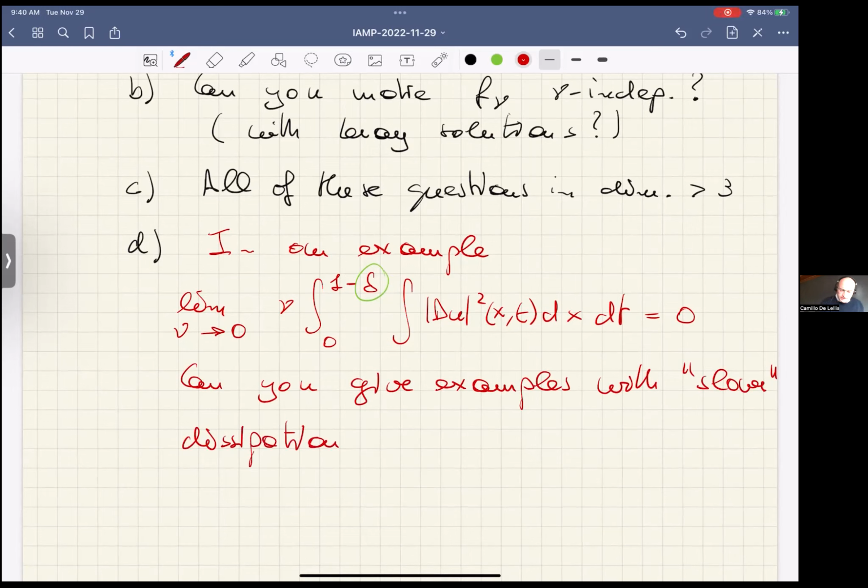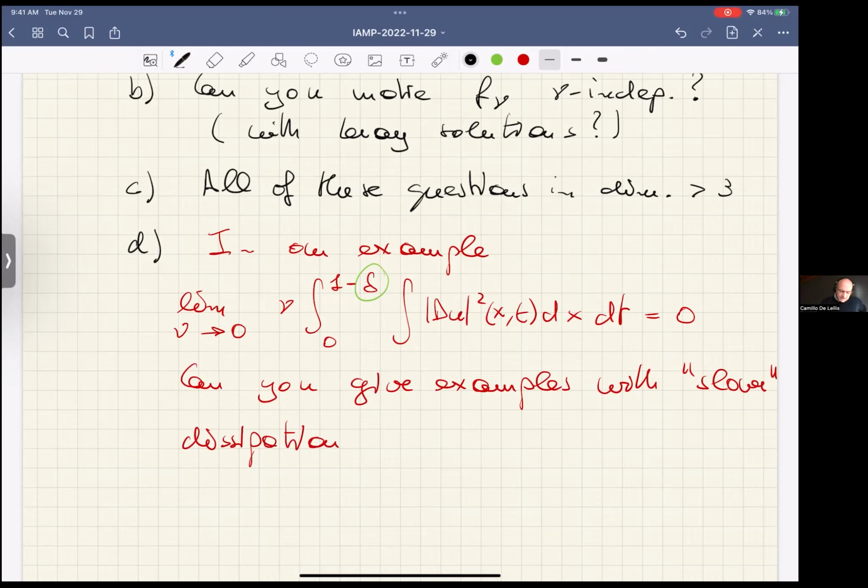Okay, and so now let me give you an idea on how you can prove this. When we first posed ourselves the problem, at a certain point we got the idea that you can construct something which has a reasonable forcing term and which is creating dissipation.